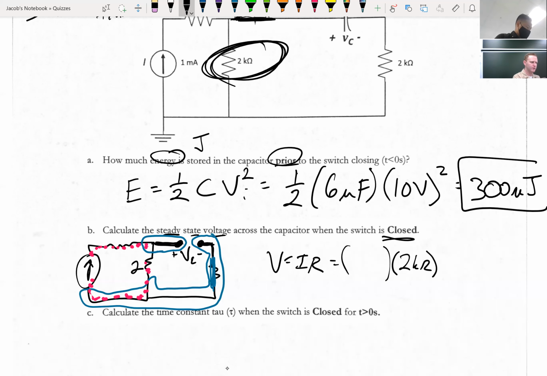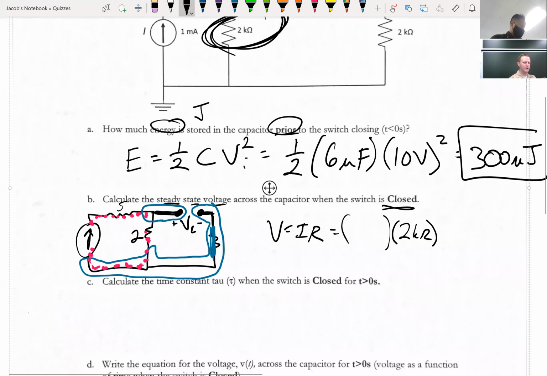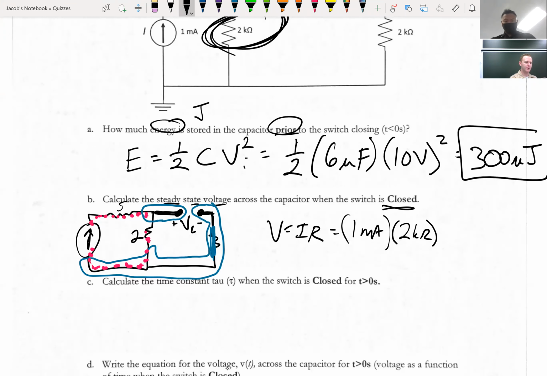But all I care about is that first 2. The 2 on the right is dead. The 5 doesn't matter because I want to measure between the blue nodes. And the I is 1 milliamp, and it comes out to 2 volts. So this is my V final, the steady state that it reaches after the switch is closed.